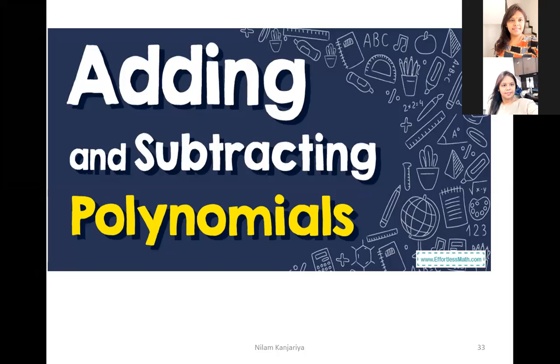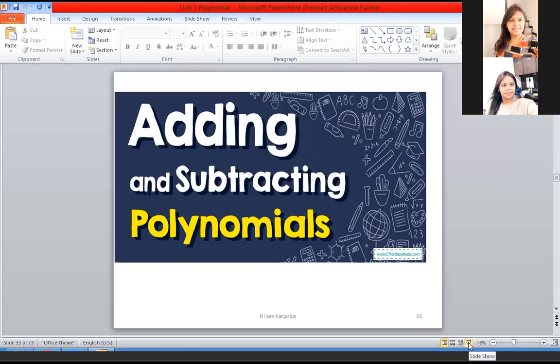So today we'll start with this topic. Its name is addition and subtraction of polynomials. Let's start. How could we add and subtract two polynomials? Look at the screen.